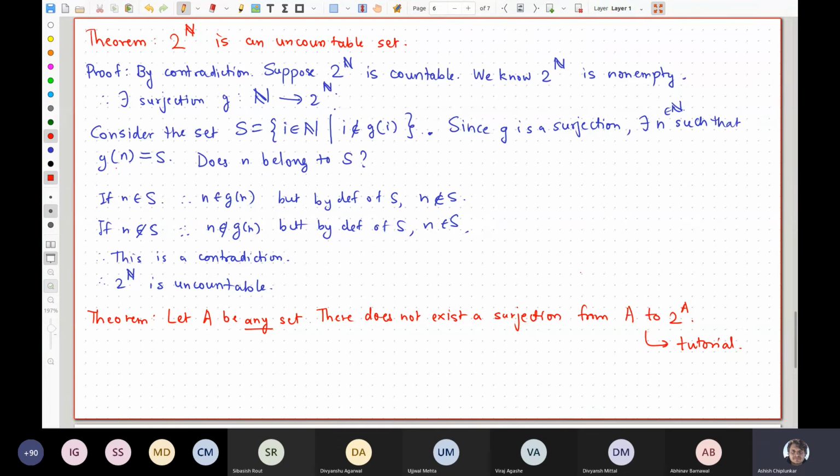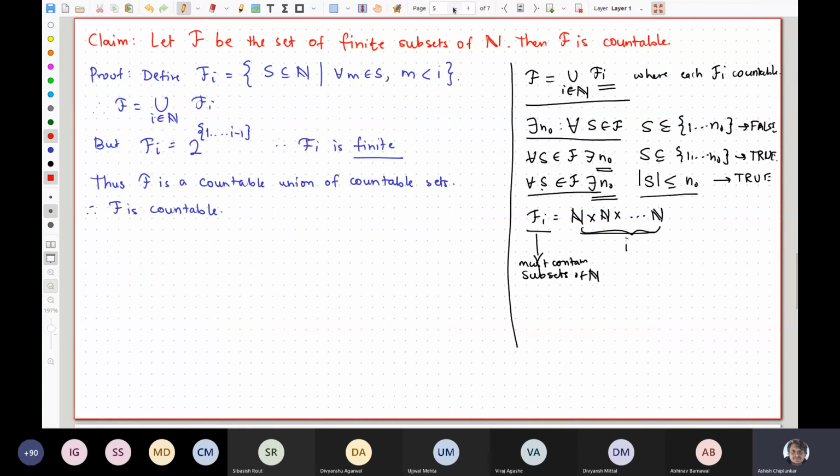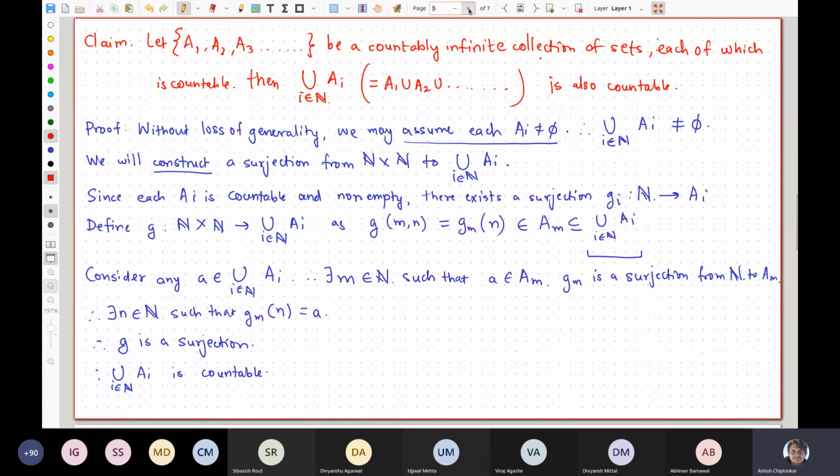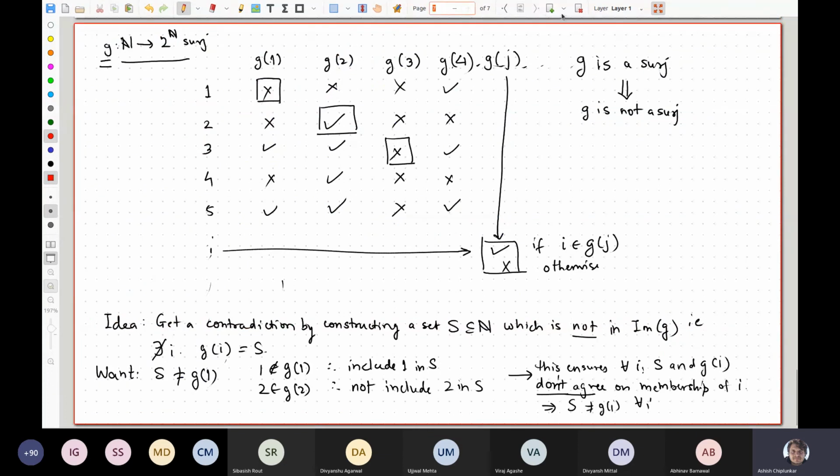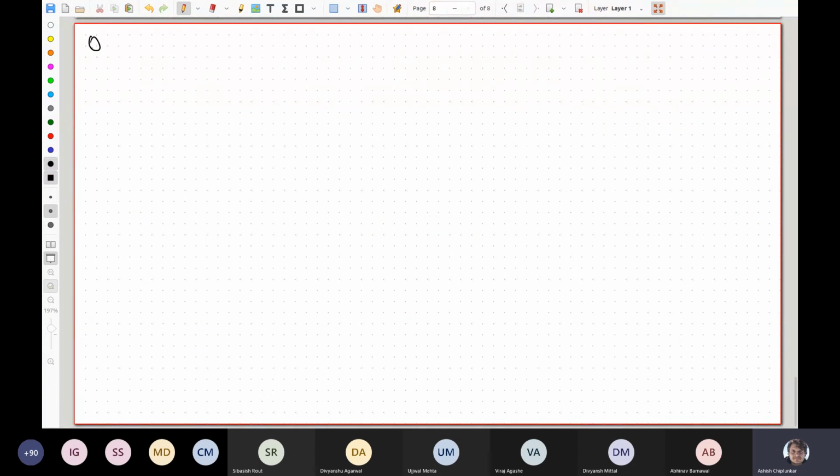Cool. So what else did I want to discuss for this class? Now let us come back to this question. Let A1, A2, and so on be a countably infinite collection of countable sets, right?